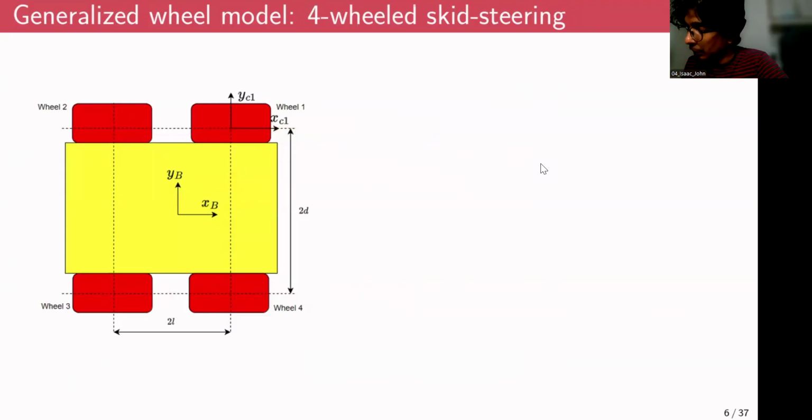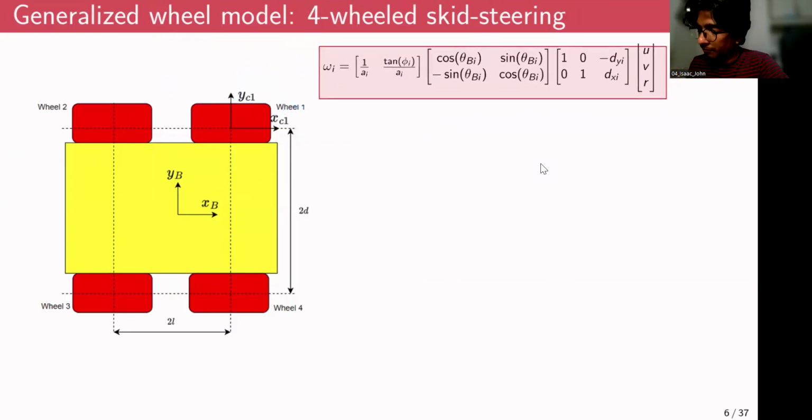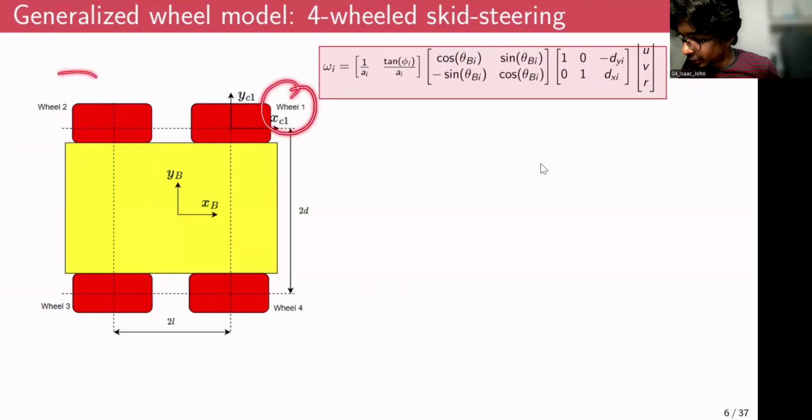So if I reproduce the wheel configuration matrix, we have four wheels, so we'll have to evaluate this omega i four different times for four cases. So here, this is wheel 1, this is wheel 2, this is wheel 3, and this is wheel 4.